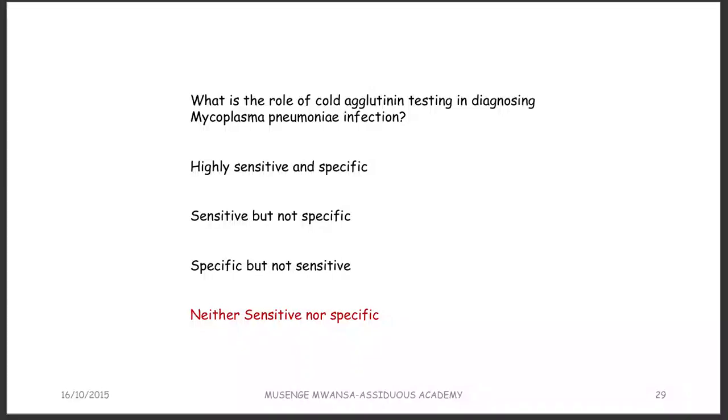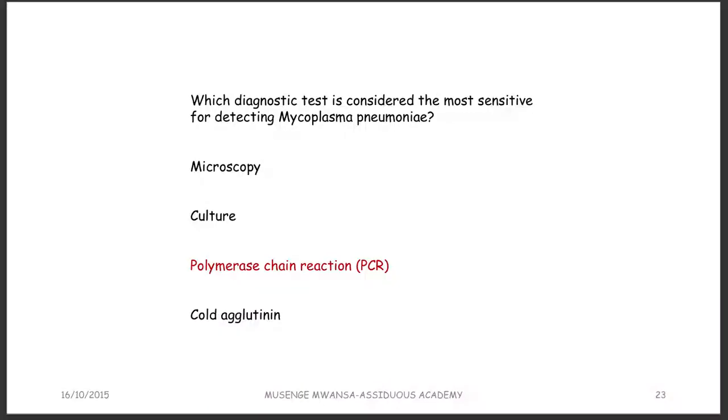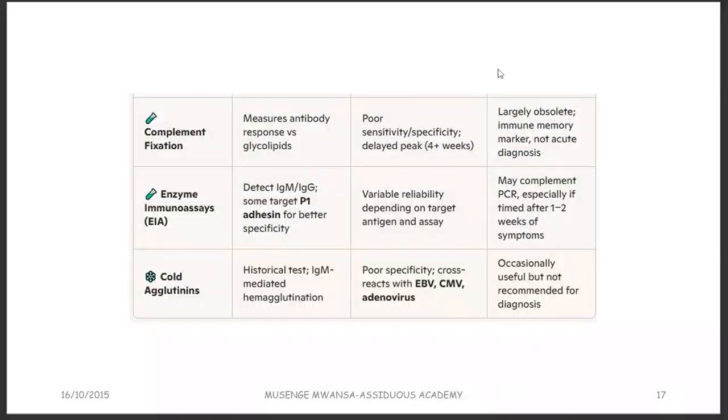What is the role of cold agglutinin testing in diagnosing Mycoplasma pneumoniae? This test is neither sensitive nor specific. The cold agglutinin we had mentioned, basically you are trying to see if blood will clump.